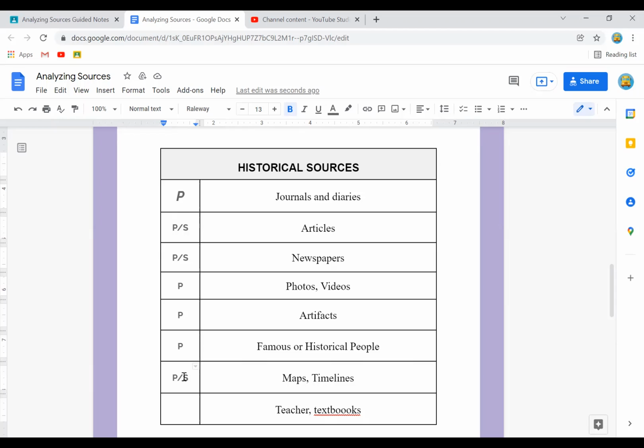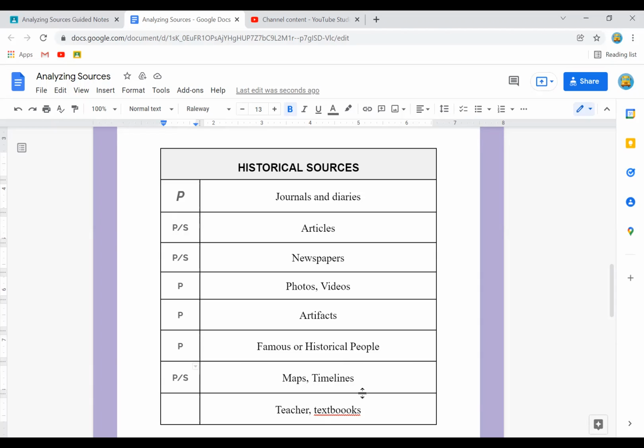The person who made the map was not there during that time period. If it is an old map from the time period of ancient Mesopotamia, that is a primary source because the person during that time period made the map of what it looked like during that time. Timelines are secondary sources.